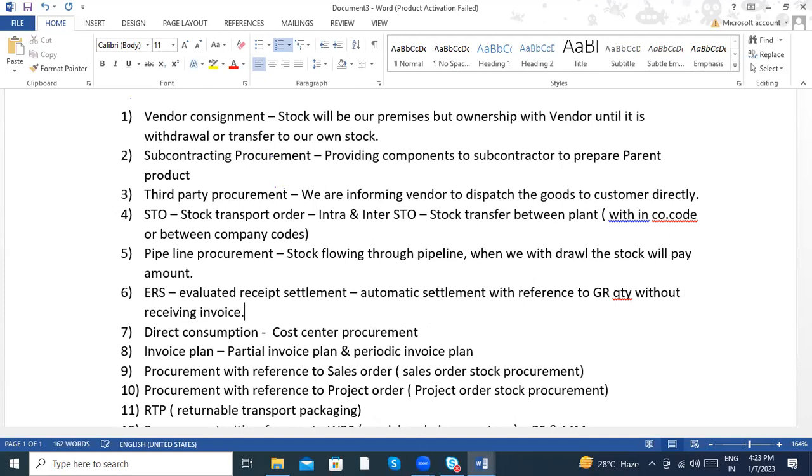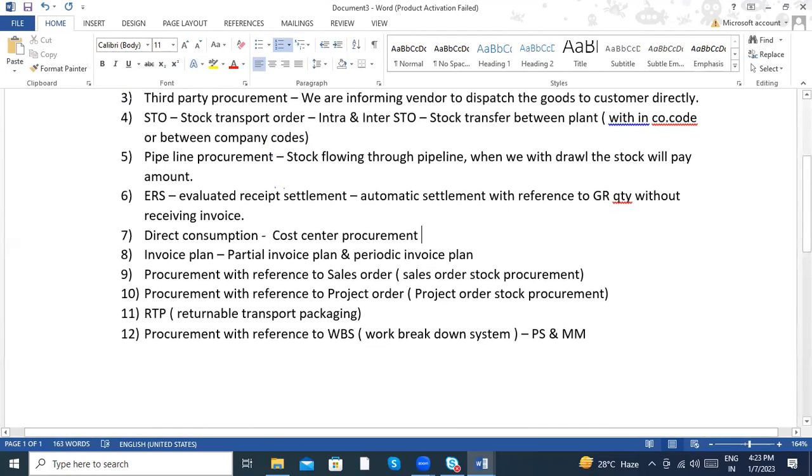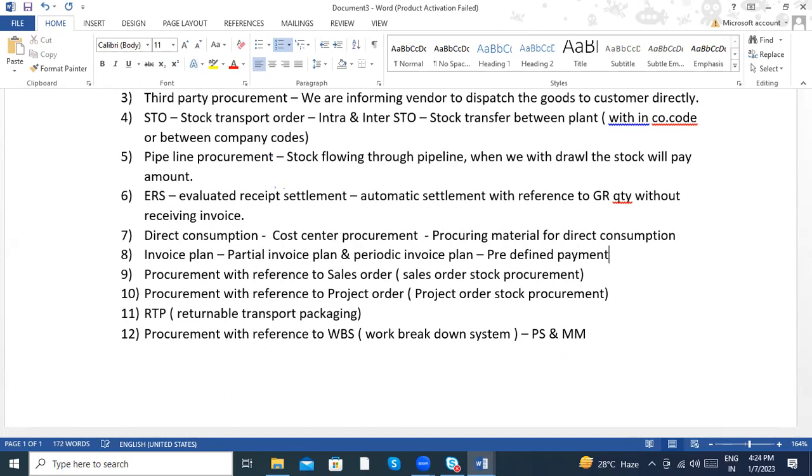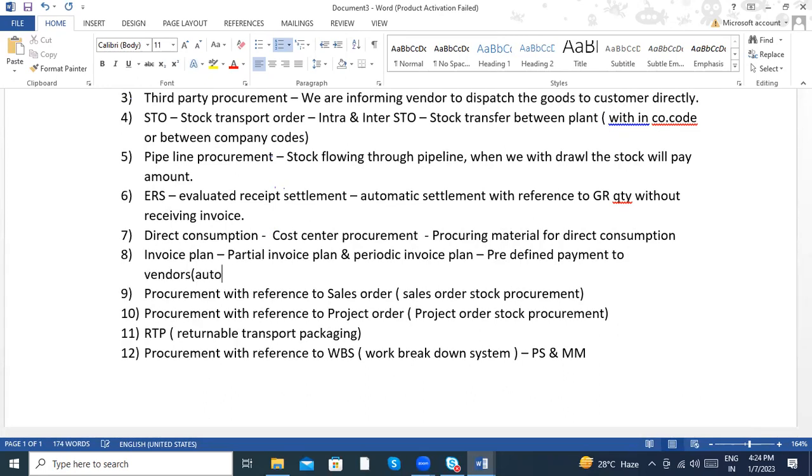Direct consumption is procuring materials for direct consumption. And the partial invoice plan or periodic invoice plan are predefined payments to the vendor, automatic settlements on predefined dates.